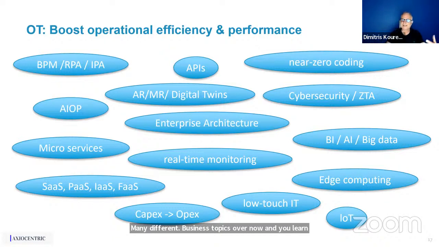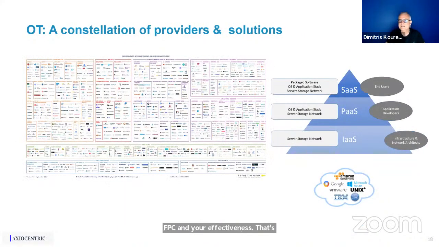So there are so many different ways of improving your efficiency and your effectiveness over there. That's not easy to do because there is a constellation of providers and solutions.